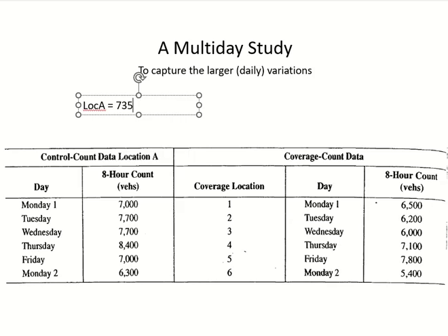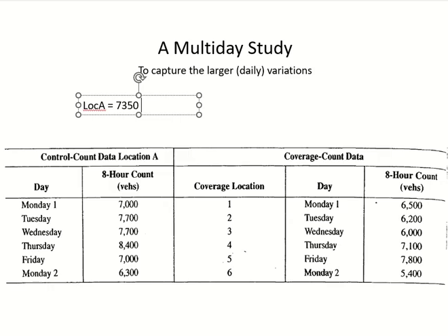Summation, and I divide by 6. This is the average of 6 days. You can count them here.